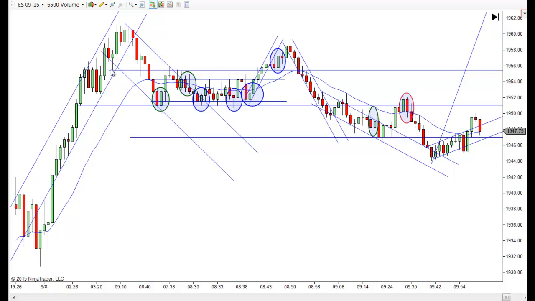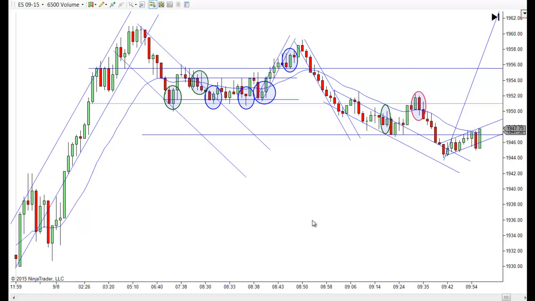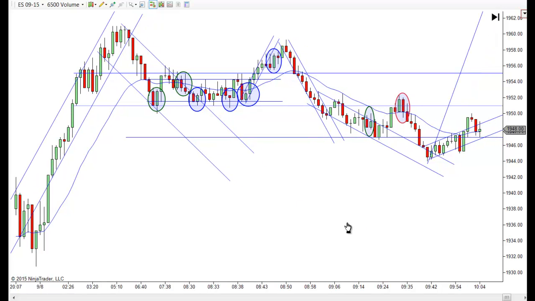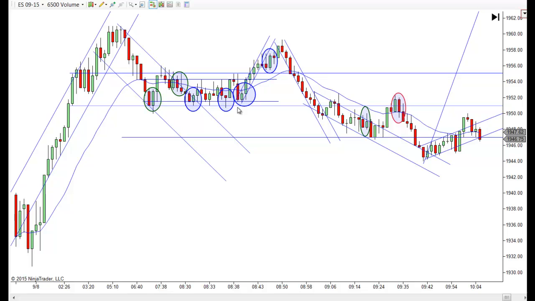I think the bigger picture is we traded up into this area right here because the range really started way over here. And you can see that right across there. I later adjusted it down some right there. But anyway, so that's the reason I don't like going short across here really.